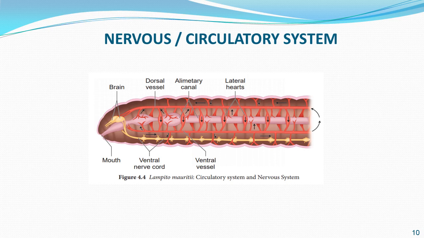Between these two, the dorsal blood vessel and the ventral vessel are connected by hearts. These hearts are known as lateral hearts. The blood moves through the blood vessels and through the hearts, and from there it is supplied throughout the body, right? Since the blood is moving inside the blood vessels, of course this type of blood circulation we call a closed circulatory system. Fine.